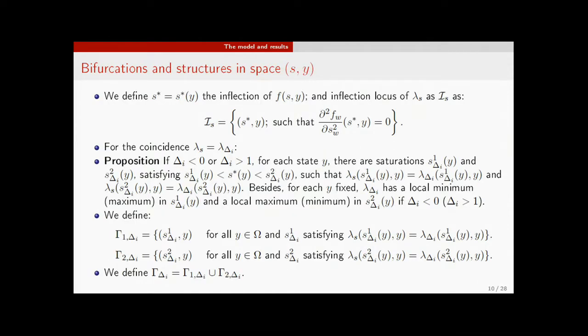Then we now show some general structure of the bifurcation. The notation is not nice, but I will try to explain some figures to help understand.